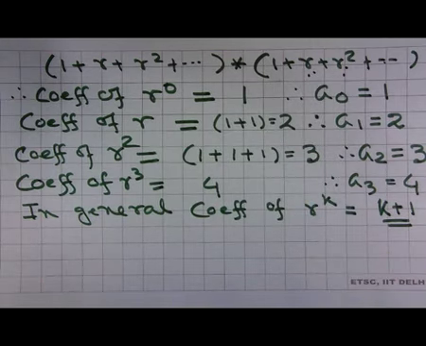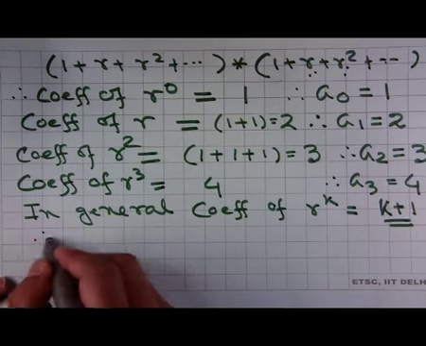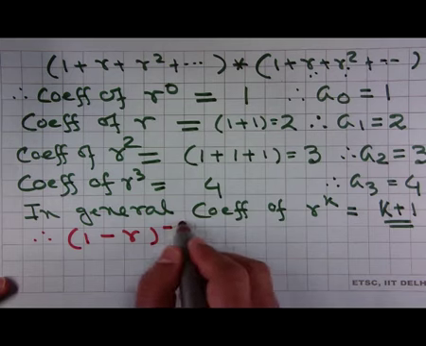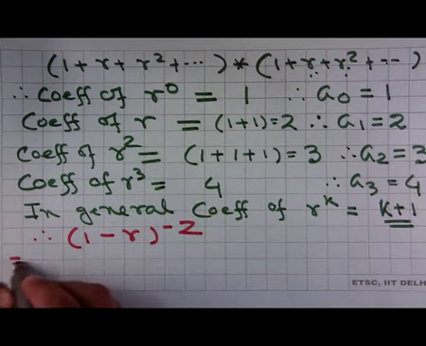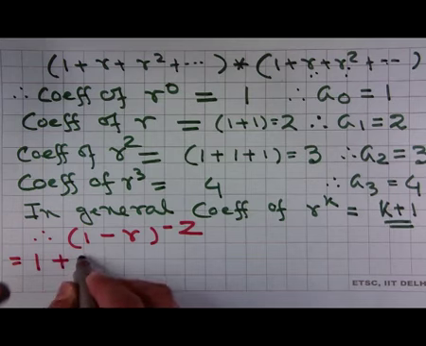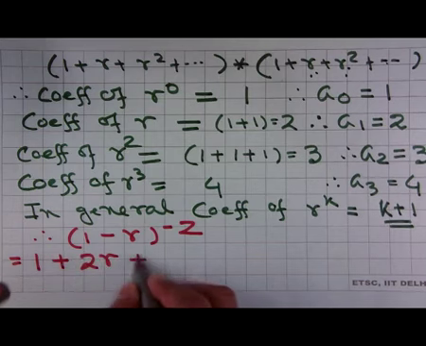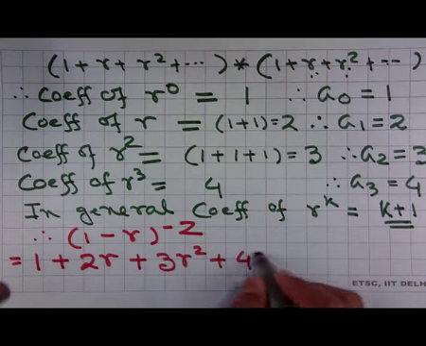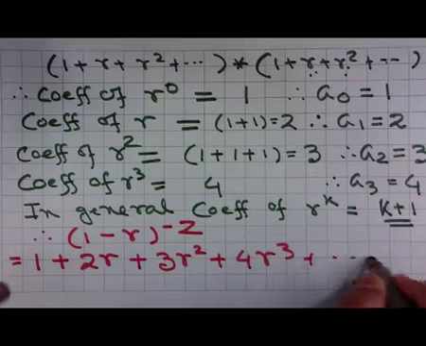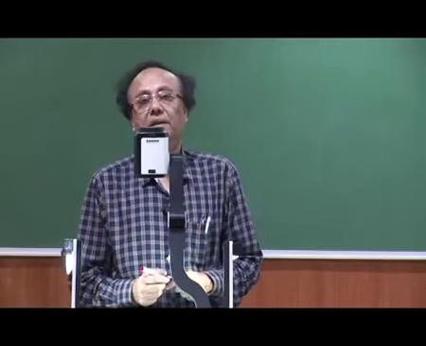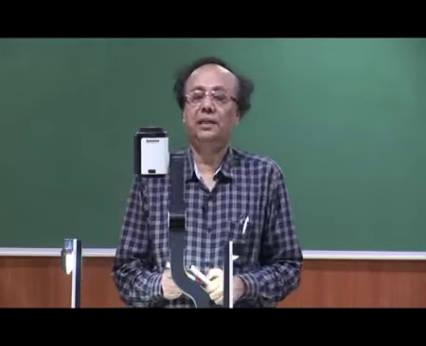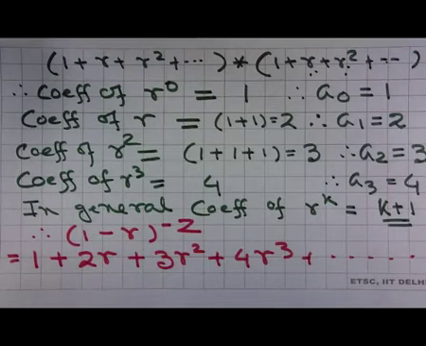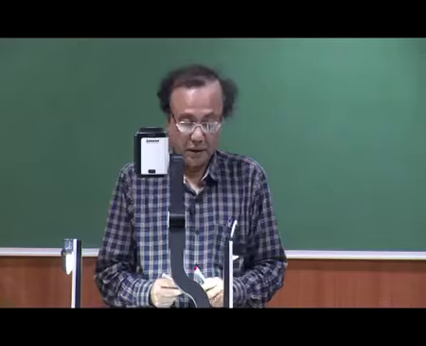Therefore, we can write (1 minus r) whole to the power minus 2 is equal to 1 plus 2r plus 3r square plus 4r cube. Like that, we can get an infinite sum for the expression (1 minus r) whole to the power minus 2.